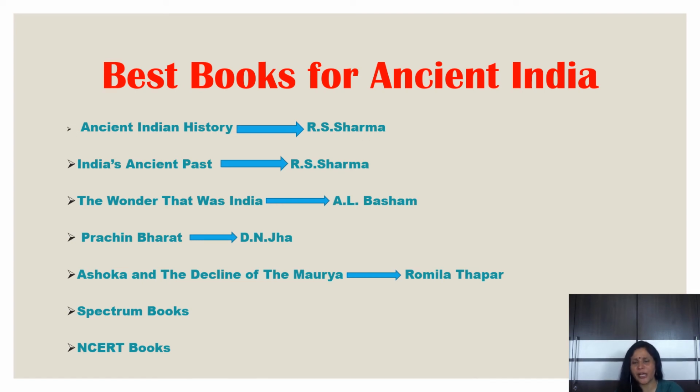In the statement type of questions, you should have your concept clear. In the prehistoric times, the questions asked are related to tools, so you should have a clear idea regarding the Stone Age and the 3 divisions of the Stone Age, that is the Paleolithic, Mesolithic and the Neolithic age, and the areas where the tools were found. You will have to memorize and have your concept clear regarding this area also.